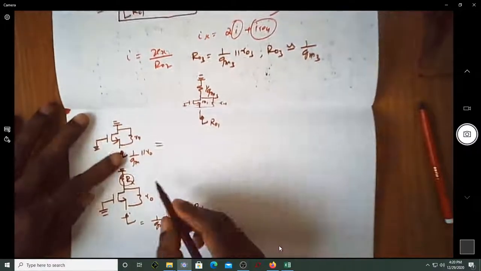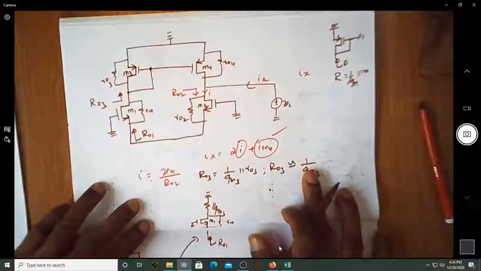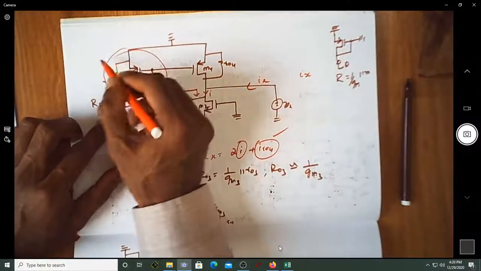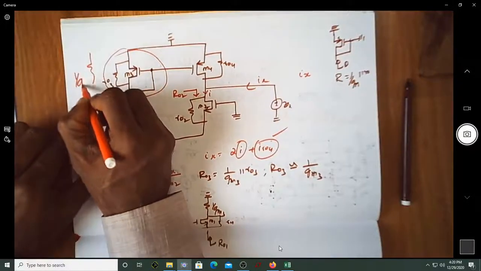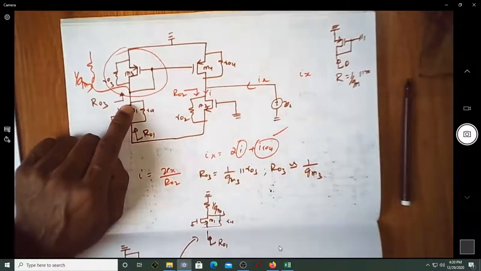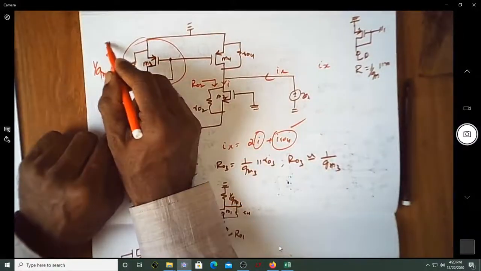Now, do we have a similar type of situation here? Effectively what you are seeing is equal to 1 over Gm3. Is this connected to this drain? It is similar to this one. Now, of course, this is AC grounded.